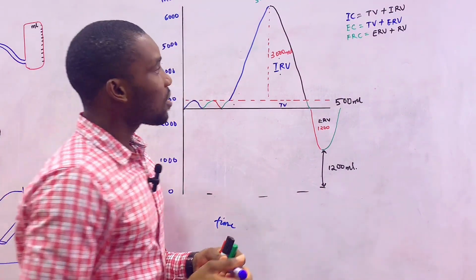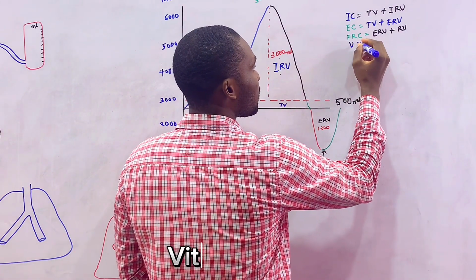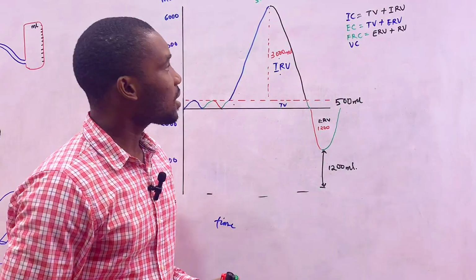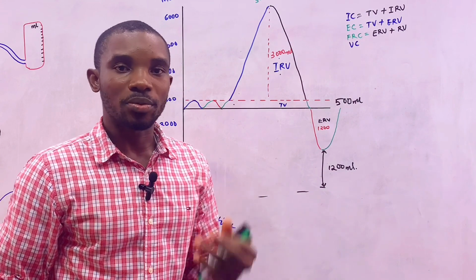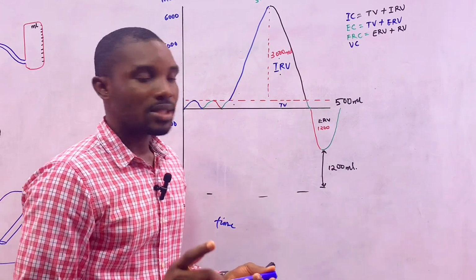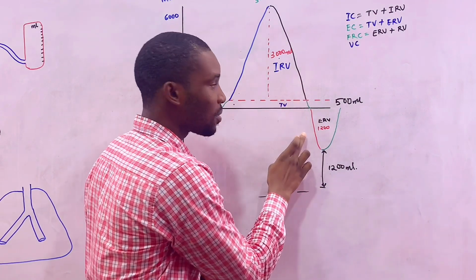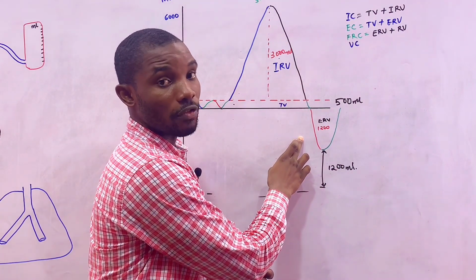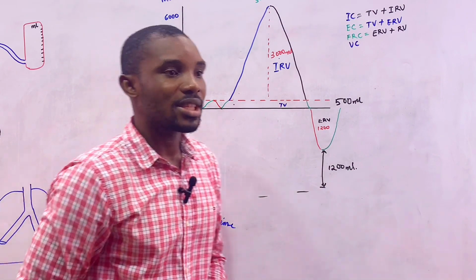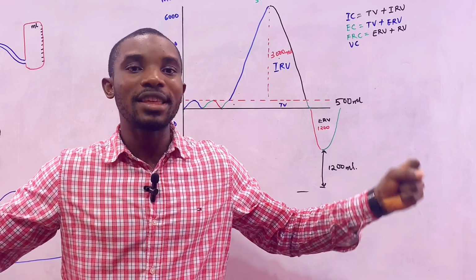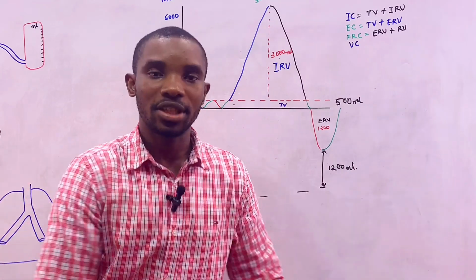And then another one we'll discuss is vital capacity. Your vital capacity is a measurement of three volumes: inspiratory reserve volume, tidal volume, and expiratory reserve volume. So the vital capacity is the maximum amount of air you can breathe in after maximal expiration.